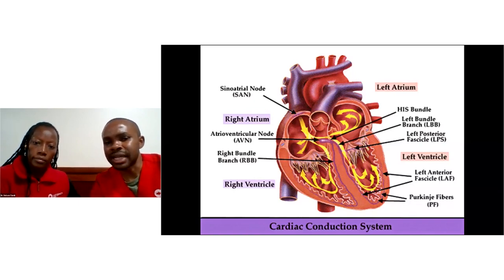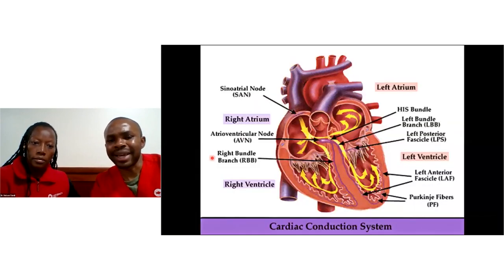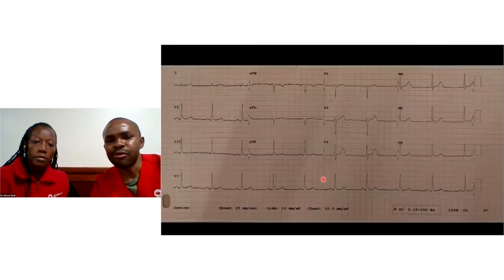So the electricity, the impulse that depolarizes this comes from here. And this is what now Grace was telling us is responsible for this first deflection down here that is now called the Q wave, right? So the Q wave is because of the current flowing from the left bundle branch and coming to depolarize the interventricular septum. And it gives us this fast downward deflection after a P wave. And that's what now gives us the Q wave.